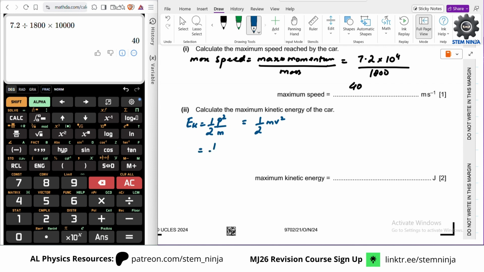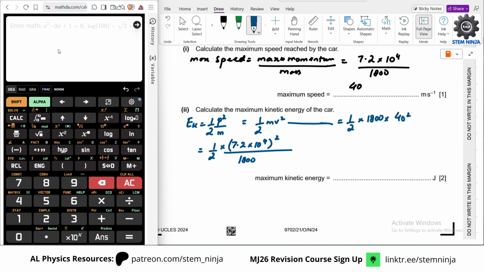So let's make sure. Maximum momentum was 7.2 times 10 raised to the power 4, whole squared, divided by 1800. And the other one is half mass v squared. So let's see whether we get the same answer for both.